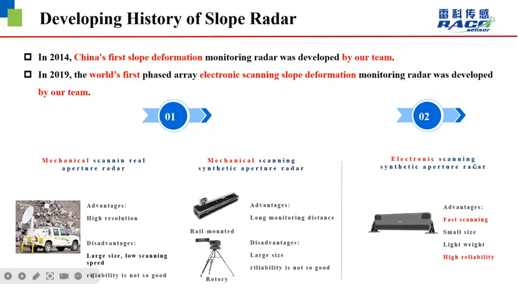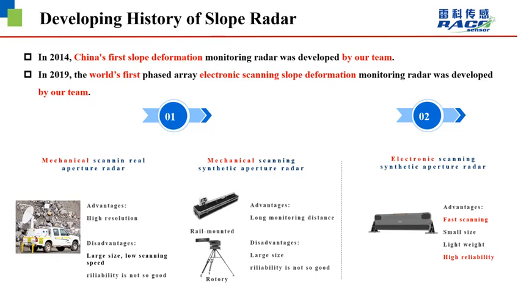And this one, it is second generation slope radar. It does not have any mechanical structure and avoids various mechanical failures. It uses phased array technology, which can make measurements faster and more reliable.